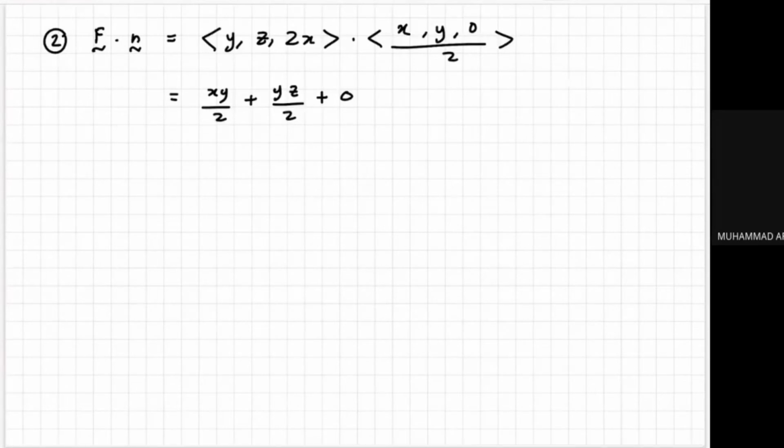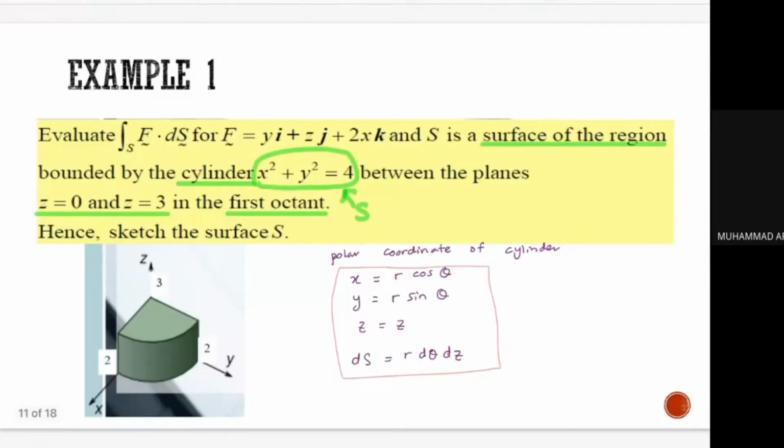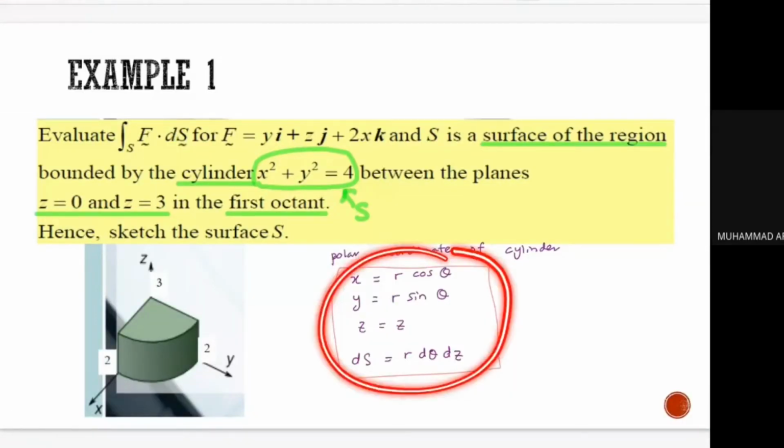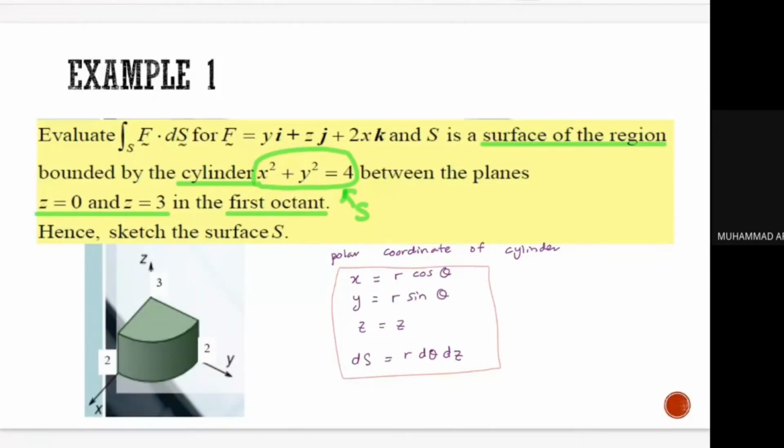Step number 3 is to convert to polar coordinates. Use the cylindrical polar coordinates. In this case, r squared is equal to 4, so your r is equal to 2. This is how you find your r.